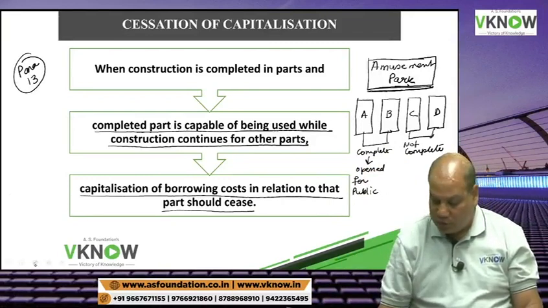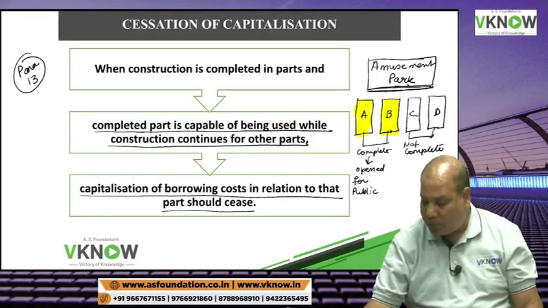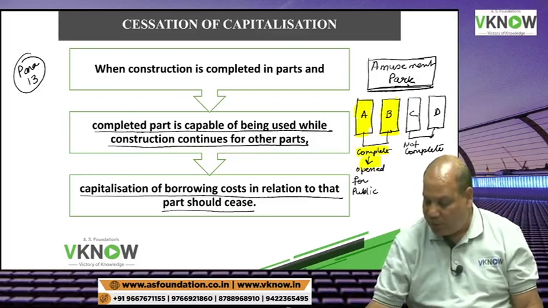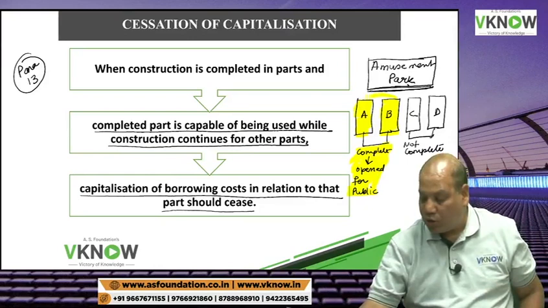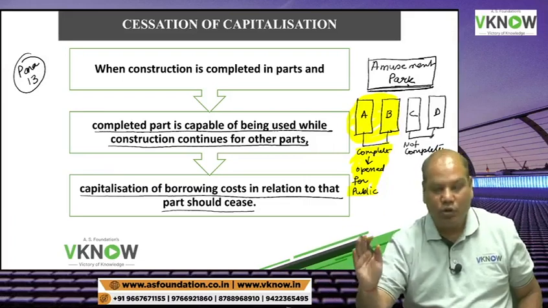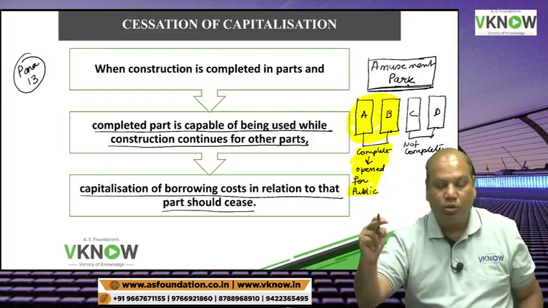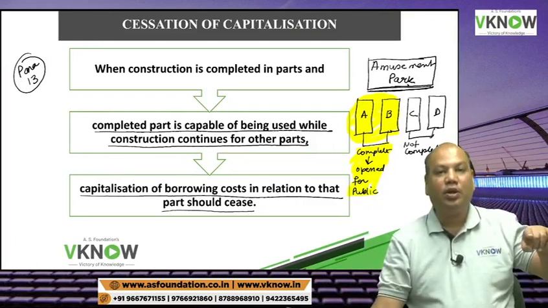What the standard says, those parts which are complete and are capable of being used independently, once they are ready and you can use them independently, do not capitalize the borrowing cost. So borrowing cost related to building number A and B not to be capitalized further because they are ready for use. But borrowing cost relating to building number C and D, you will continue to capitalize.